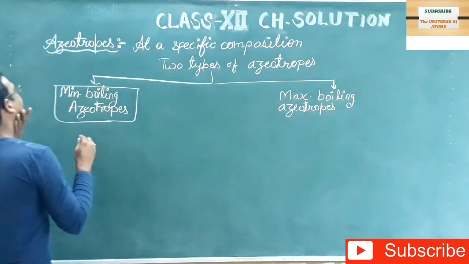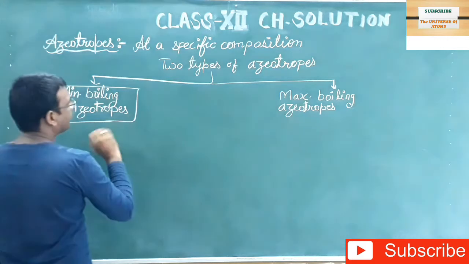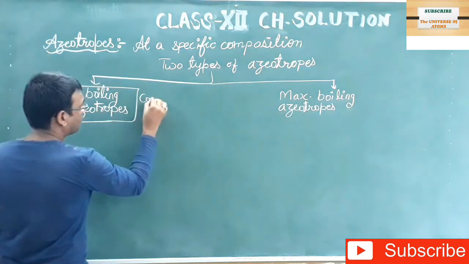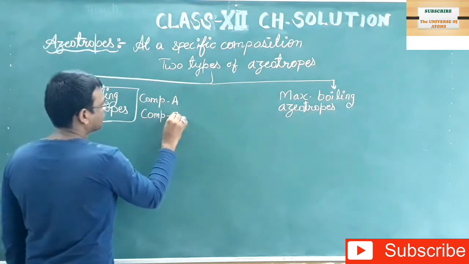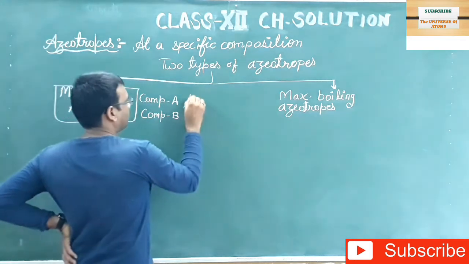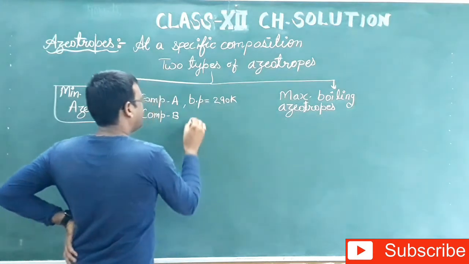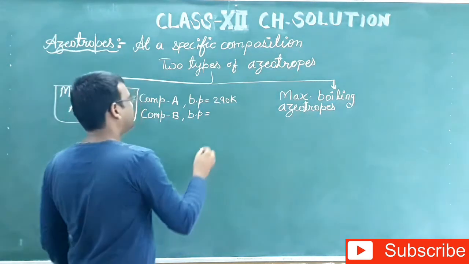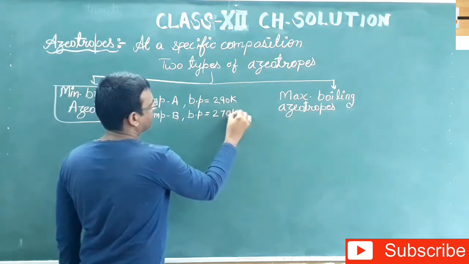For example, I am explaining the minimum boiling azeotrope. I have taken one solution in which two components are there, component A and component B. Suppose the boiling point of component A is 290 Kelvin, and the boiling point of component B is 270 Kelvin.